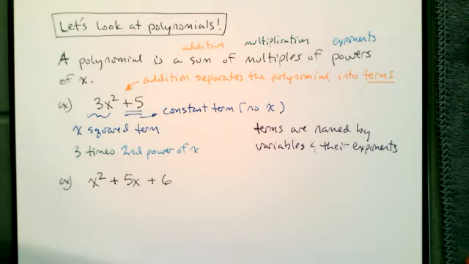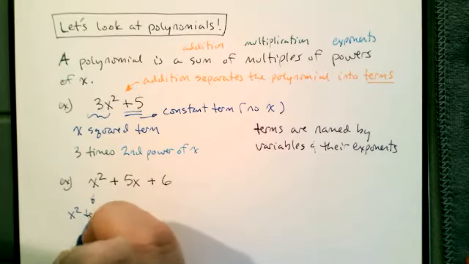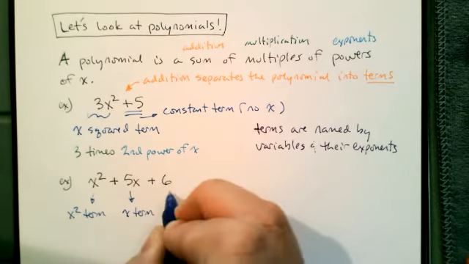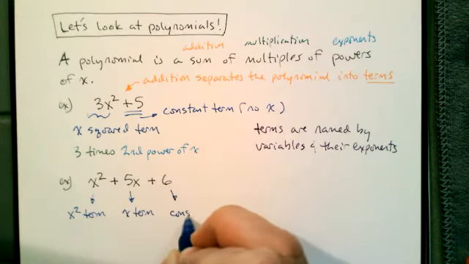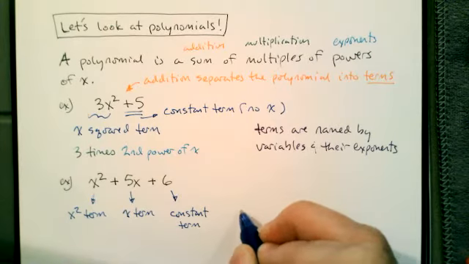This polynomial has 3 terms: an x squared term, an x term, and a constant term. So there's a 3-term polynomial.